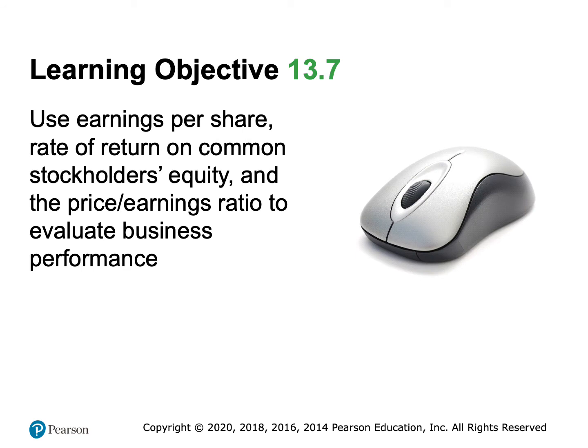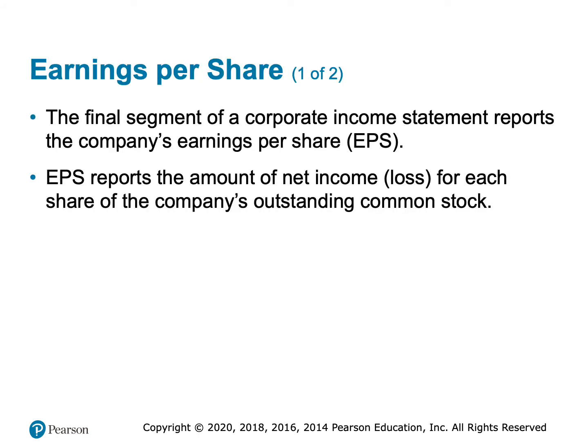Now, there are two ratios that I want you to be familiar with that pertain to common stock and stockholders' equity. The first one is earnings per share. Earnings per share is required, mandated, to be reported at the end of the income statement. So when you look at a company's annual report, at the bottom of their income statement, they are going to list earnings per share. Essentially, what earnings per share does is it reports the amount of net income per share of common stock.